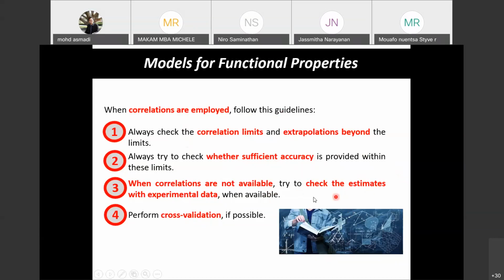Do you remember how to determine them? Anyone? Alif, you still remember? For VLE. I'm not sure for LLE and SLE.